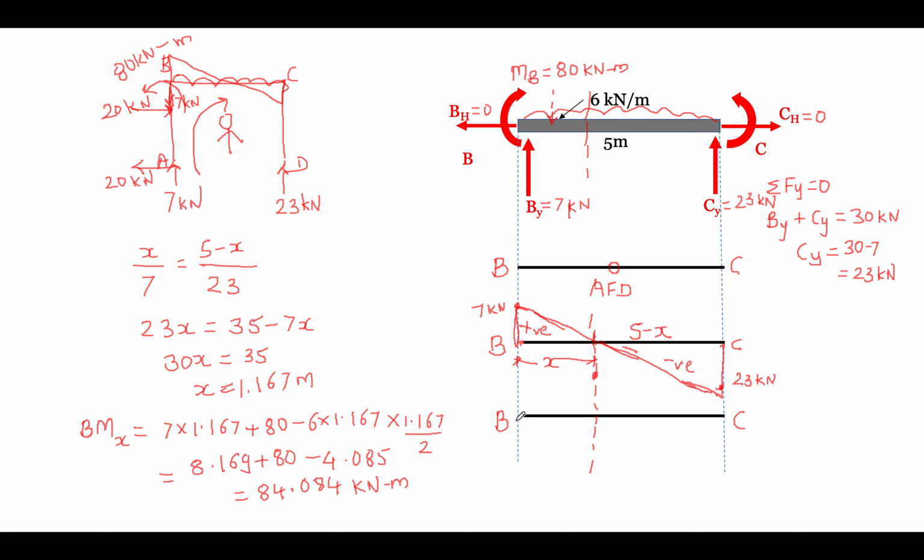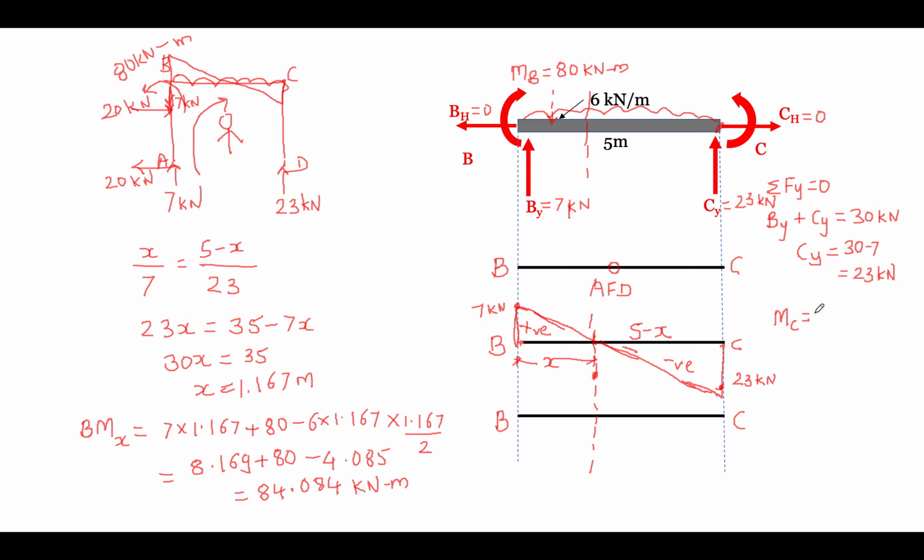So at this particular point we got this bending moment. Now when we see this last part, CD, if you also want to check the bending moment at C, we can simply calculate. This is 80.